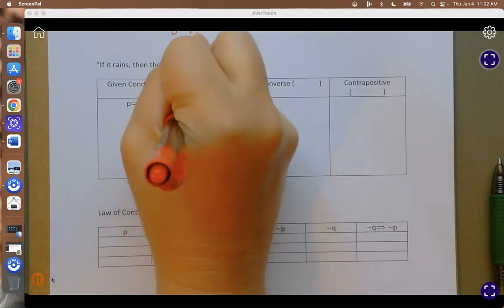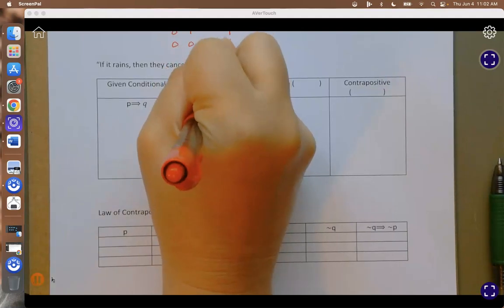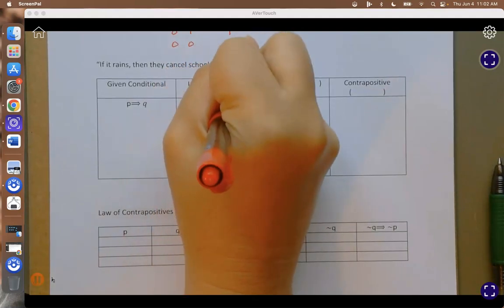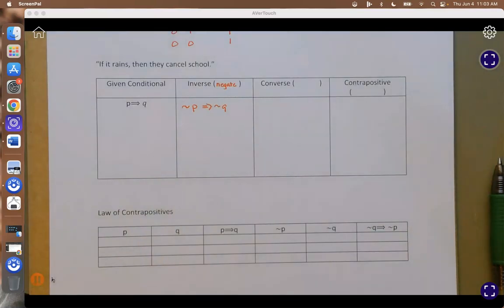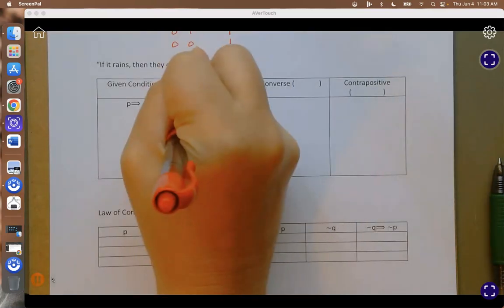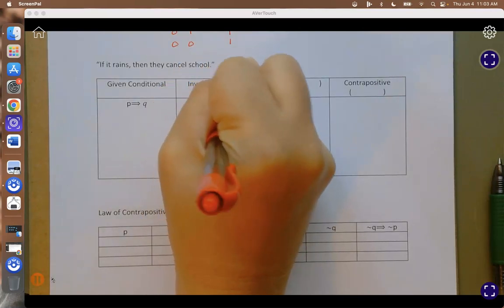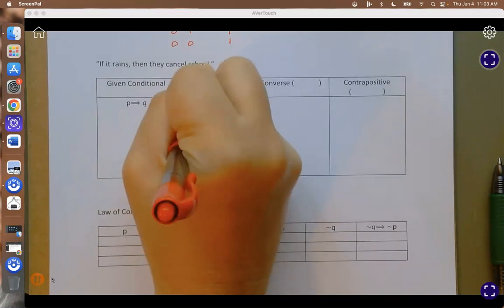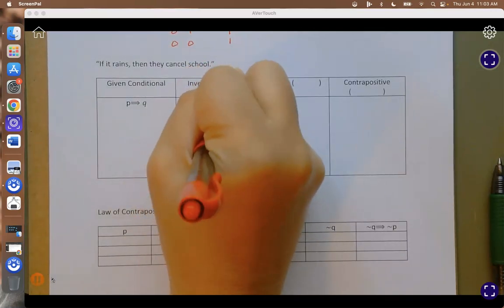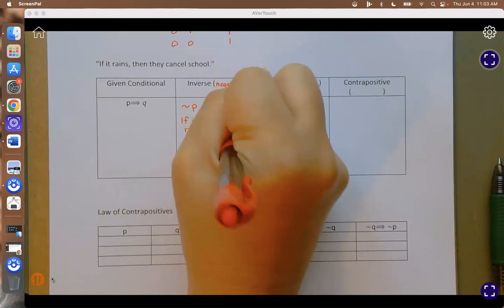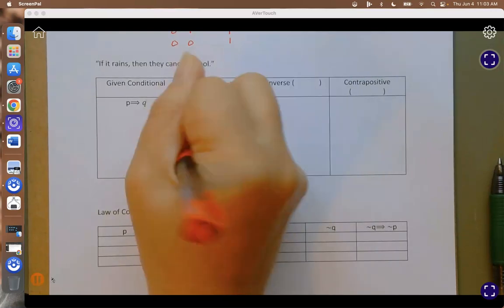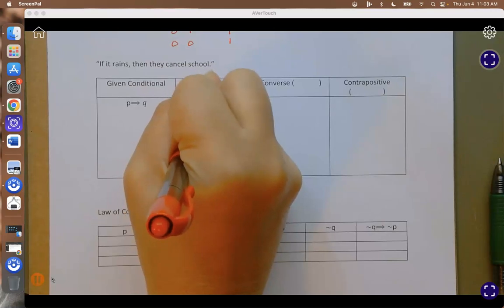So you put not P and not Q in the symbol form. So you can write, if it doesn't rain, then they won't cancel school.